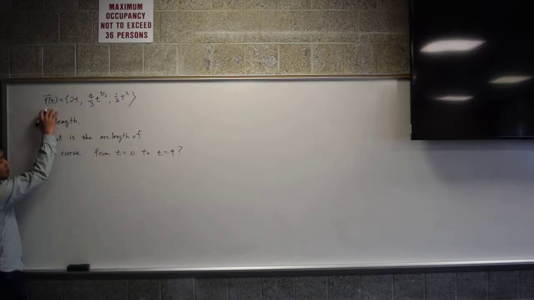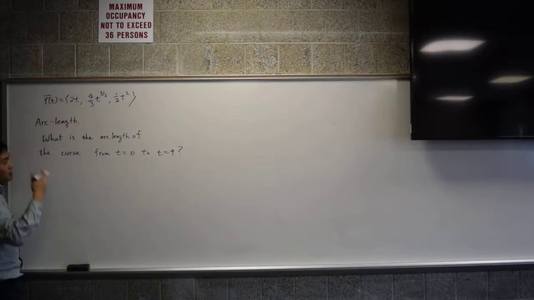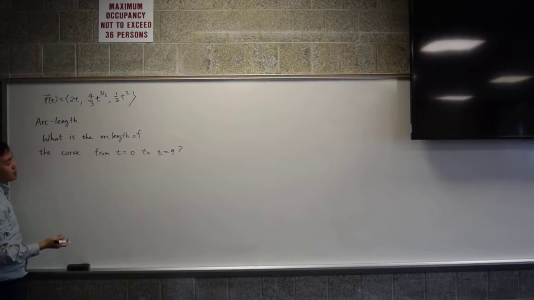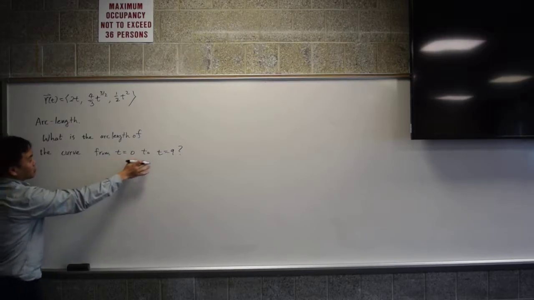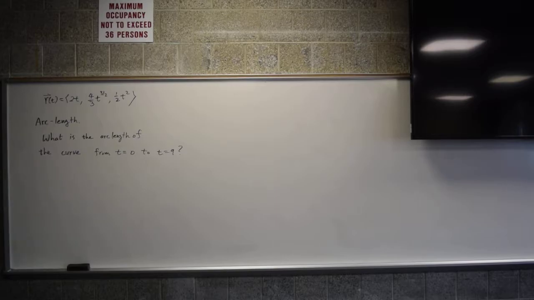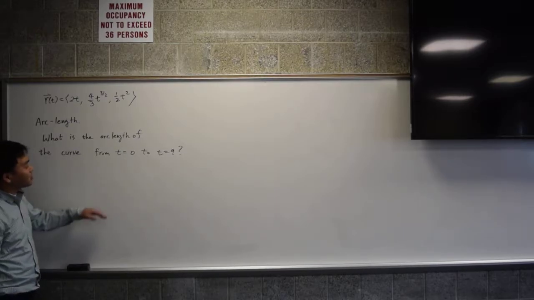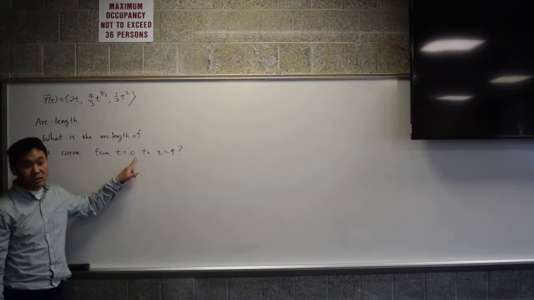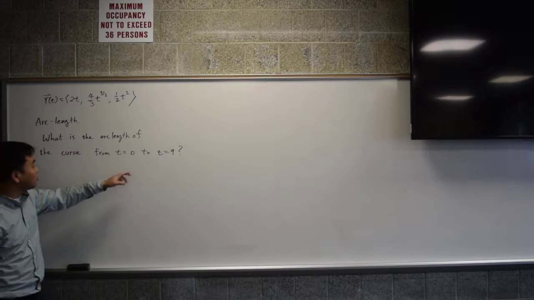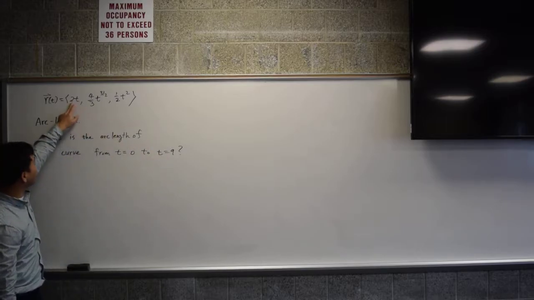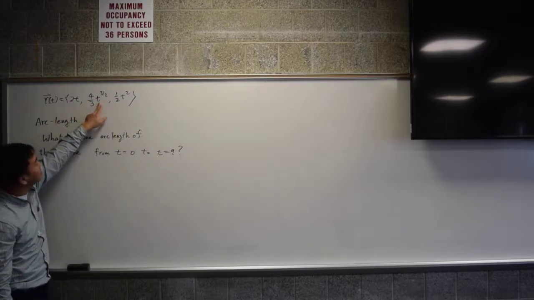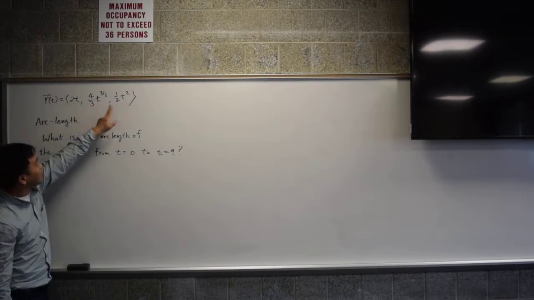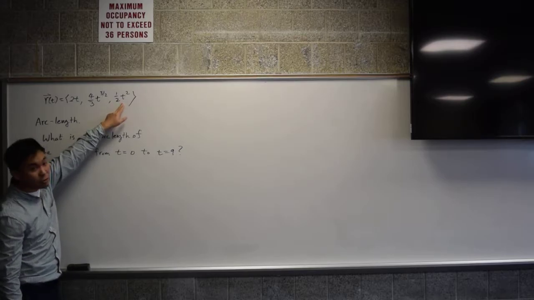Okay, so you're given a curve. I don't even know what it looks like, but I have to figure out the arc length from here to there. Now, what's easy to find is the displacement. What's the displacement? It's simply terminal minus initial, right? Displacement is a vector. So if you plug in 9, what does that give you? That's 18, 36, 81 over 2.